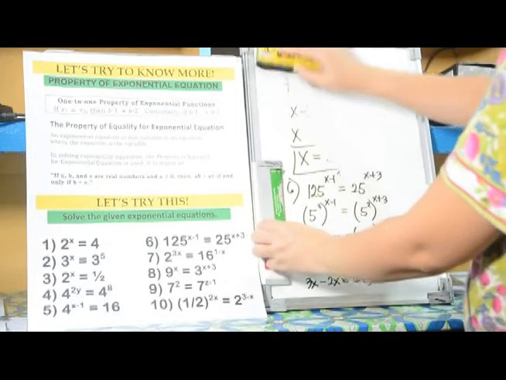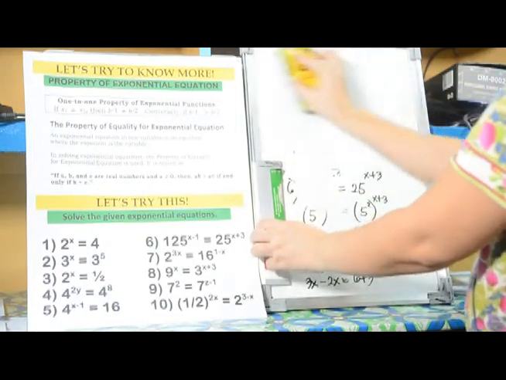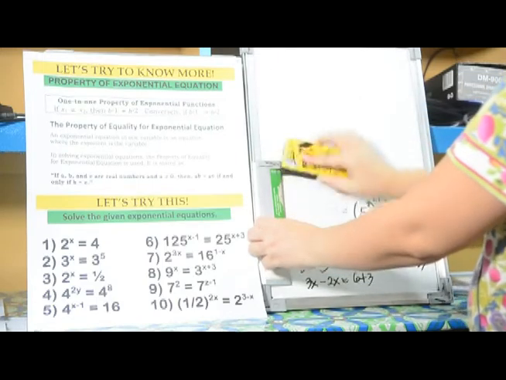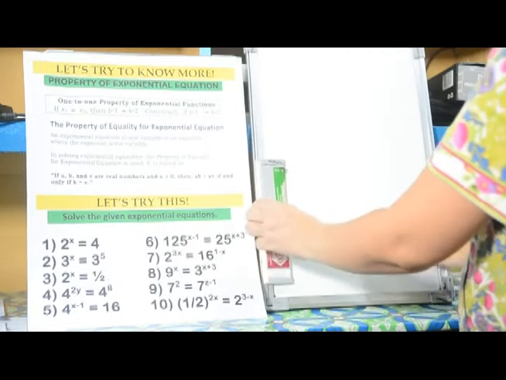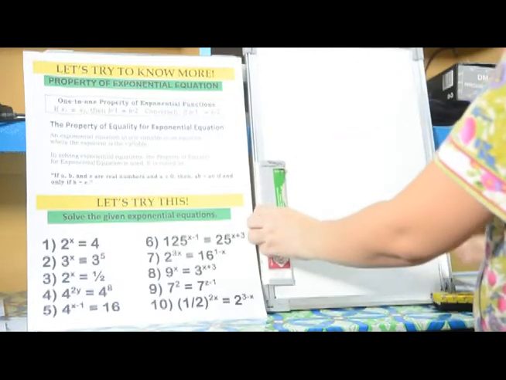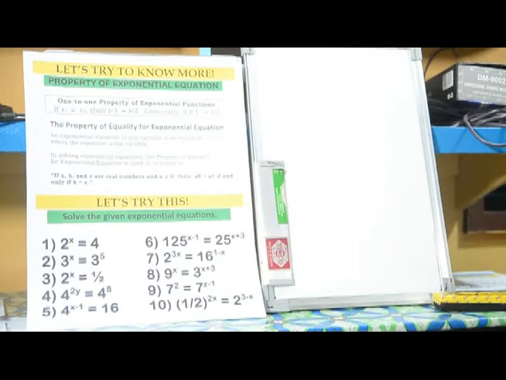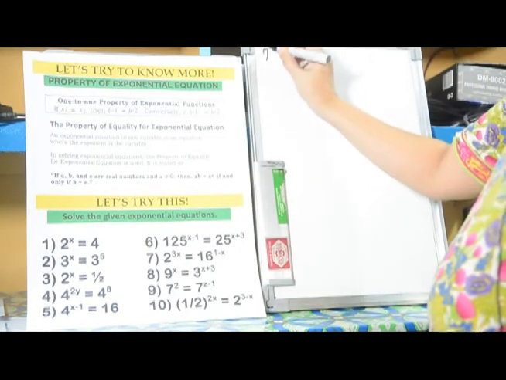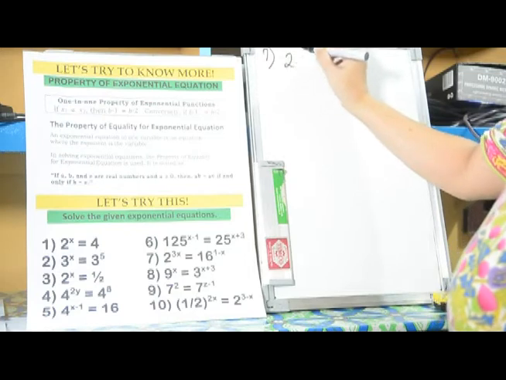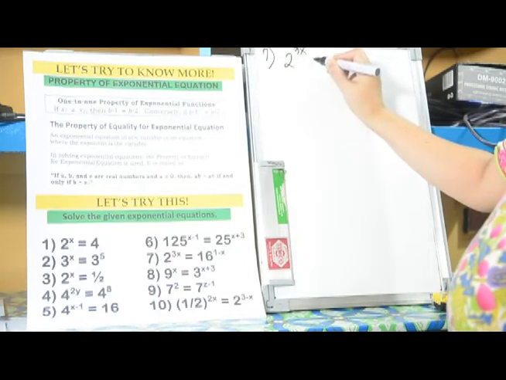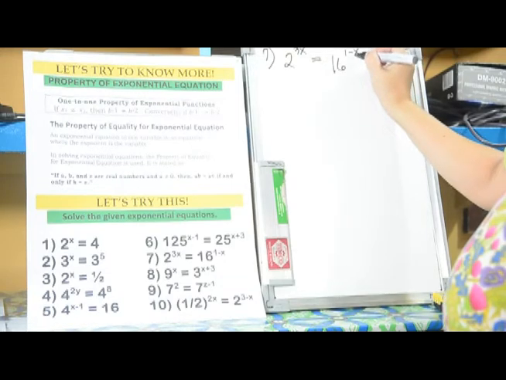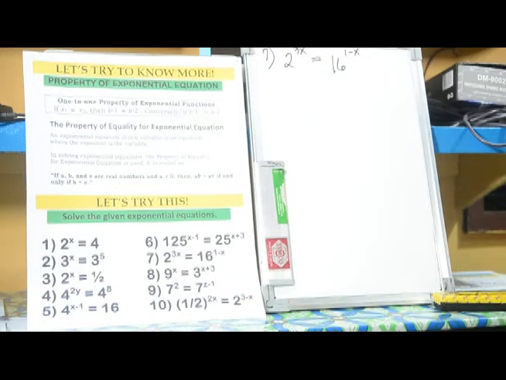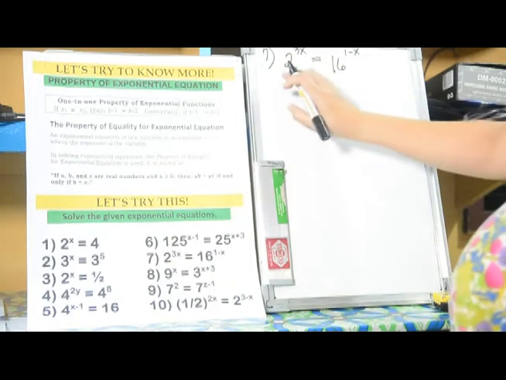And then let's try number 7. So class, for number 7, we have this example: 2 raised to the power of 3x is equal to 16 raised to the power of 1 minus x. Again, we don't have the same base, but we can use the common base 2.